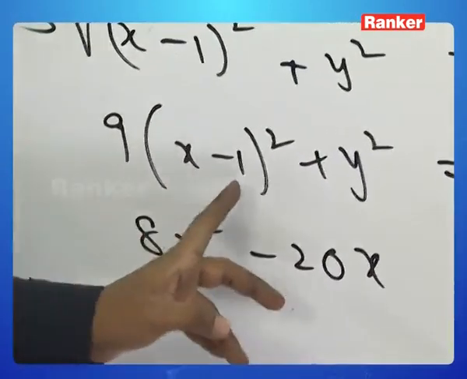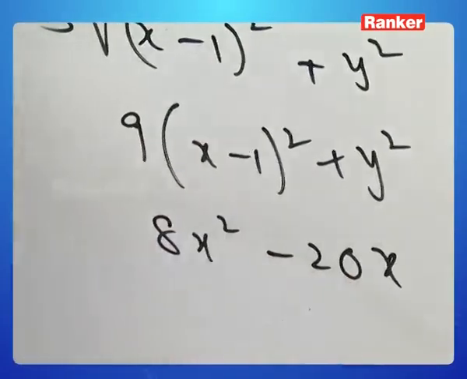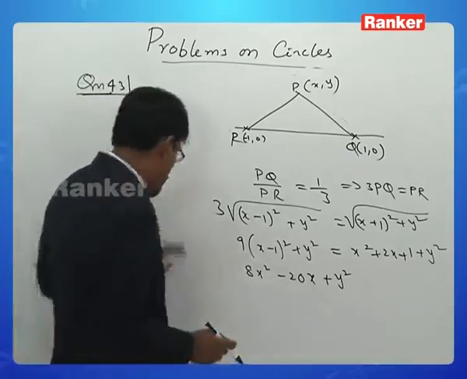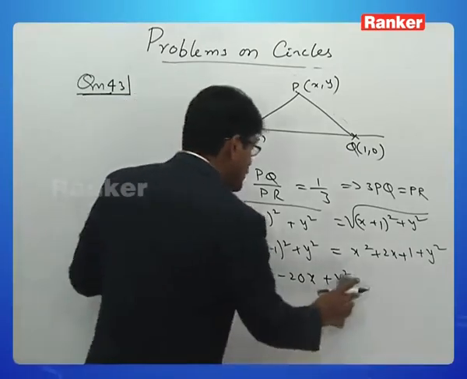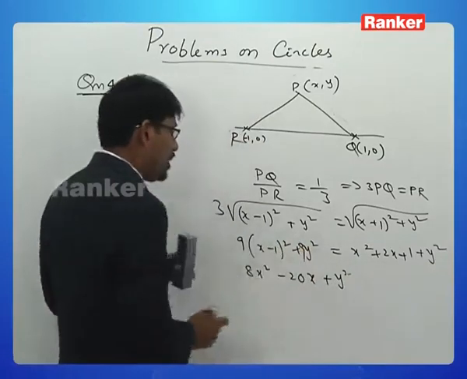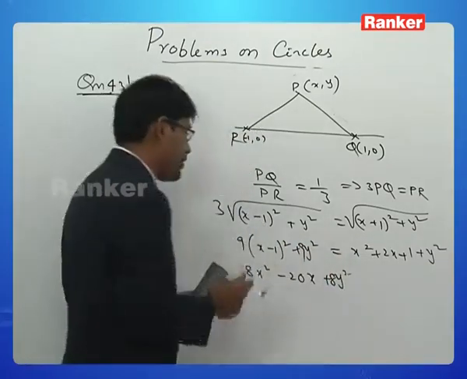The y square terms: 9y square minus y square makes it 8y square.